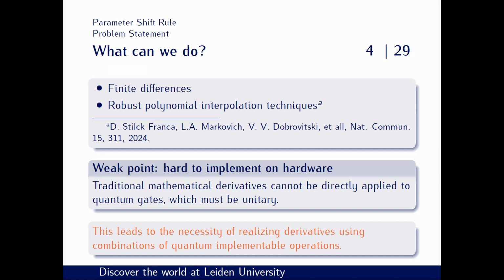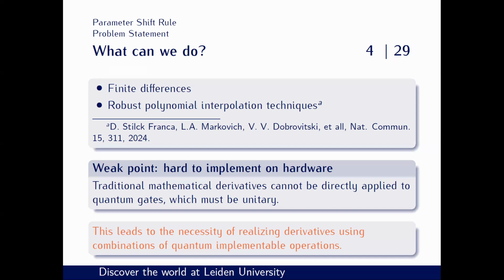We also used, with my colleagues, a method called the robust polynomial interpolation technique. It works pretty nicely, but for local Hamiltonian evolution under specific conditions. The big point of all these methods is, first of all, they are approximate. You are approximating your derivative; it's not strict equality.